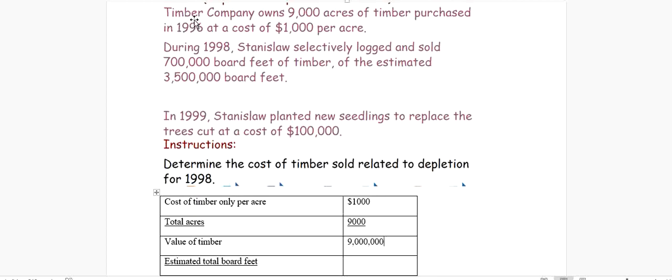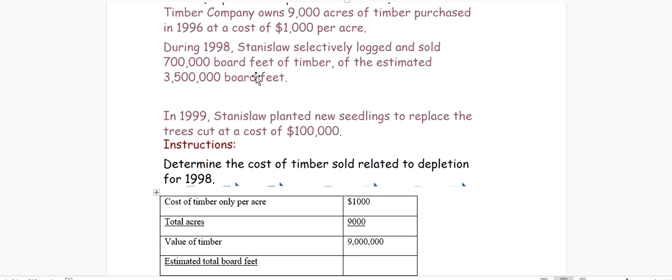That was purchased in 1996. During 1998, the company selectively logged and sold 700,000 board feet of timber. Obviously it's a timber business: they have to cut the trees and then sell the timber.